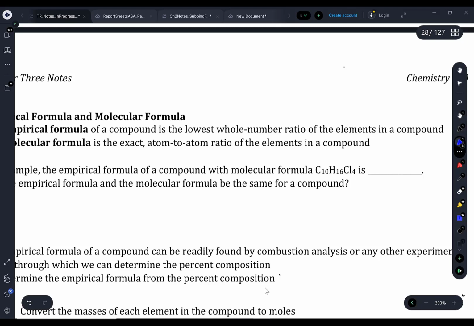Yeah, 2 is the largest number that divides into all of those evenly. So I'm going to divide each of those by 2. So C10 would be C5, H16 would be H8, Cl4 would be Cl2. Right? So we can't divide that any lower.